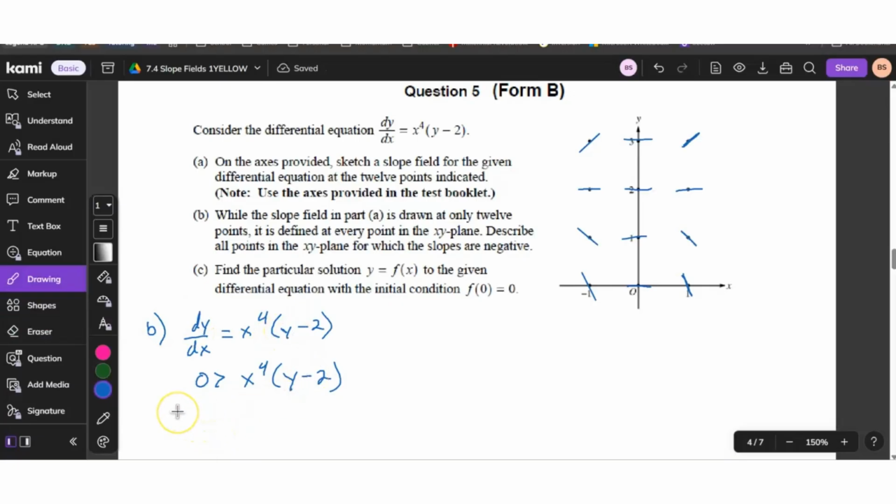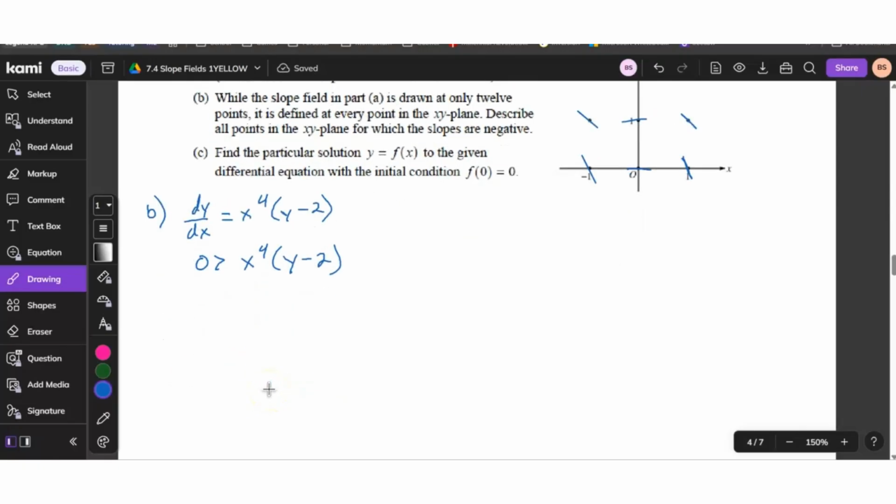Okay? And then I can just solve that, right? How do I solve that? First, we turn the x to the other side. So we could, but it actually won't even matter because x to the power of 4 is always positive. So that means that the only part that matters is here.